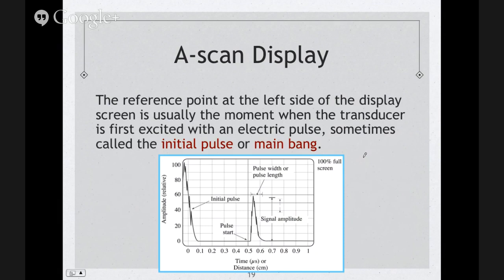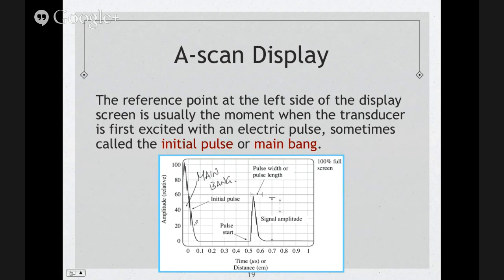So the reference point at the left side of the display is usually the moment when the transducer is first excited with an electric pulse, sometimes called the initial pulse or main bang, and that's this here. And then this is going to be our echo, our pulse length.